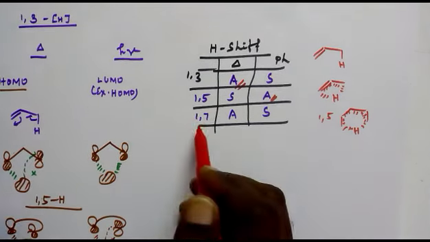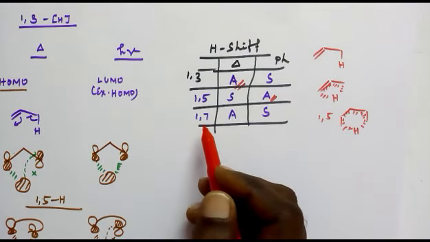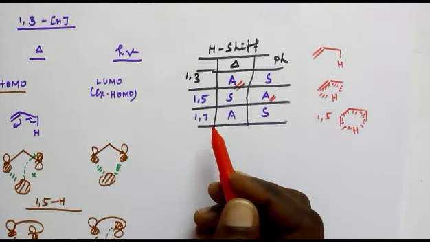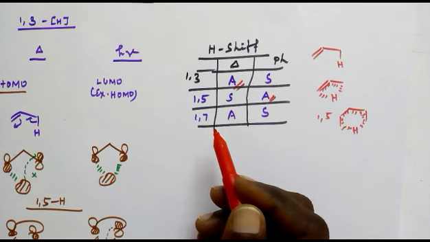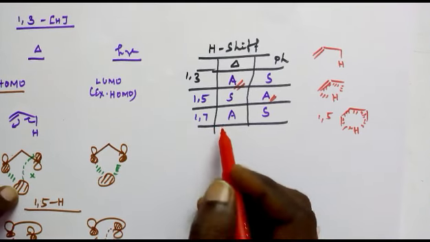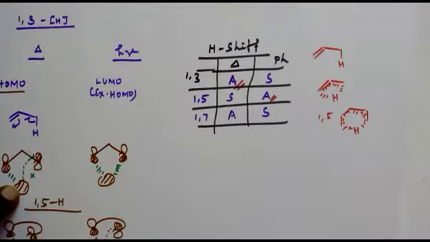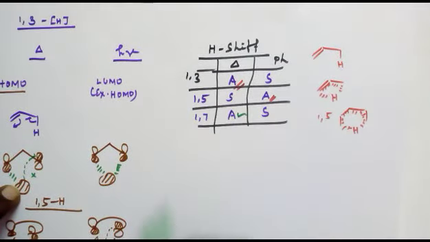But if we go to 1,7, it goes through an 8-membered cyclic transition state. It is a bigger ring, so the ring can adjust the strain caused by the twisting of the orbital. So though it is antarafacial, it is geometry allowed.